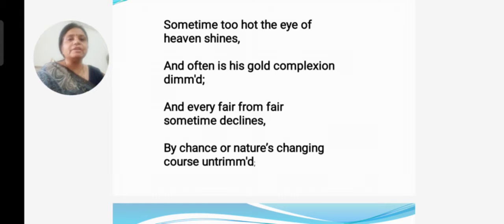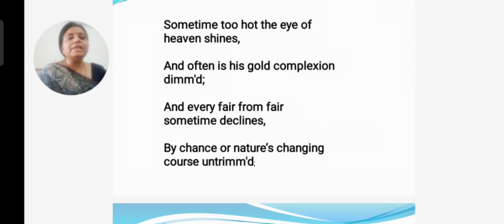However fair, however beautiful you are, the beauty will decline someday or the other. So he says, the beauty of my fair youth is everlasting, it will not decline. So the universal phenomenon of this decline in beauty does not work on the beauty of the fair youth.